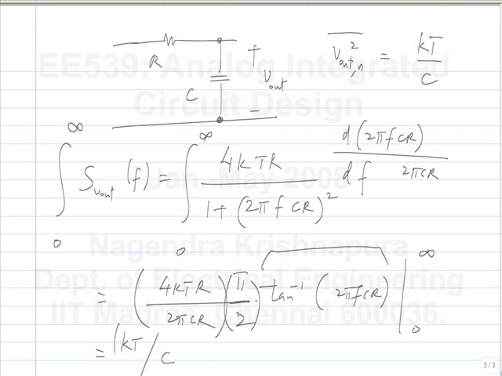So this is not a coincidence, it's a sort of fundamental result. As we will see later, to get a certain level of noise, you need to have a certain amount of capacitance in the circuit. So as you can see, the larger the capacitance, the lower the noise. But the noise is not from the capacitance itself, it is from other dissipative components like resistors. But we'll interpret this more carefully later. Okay.